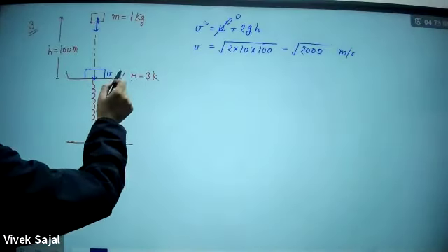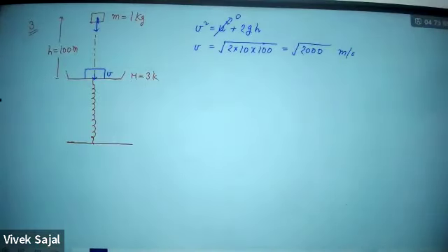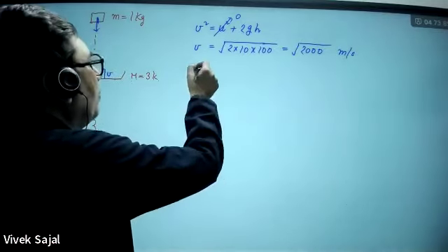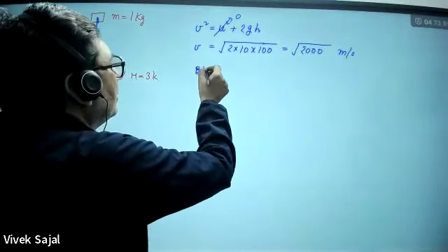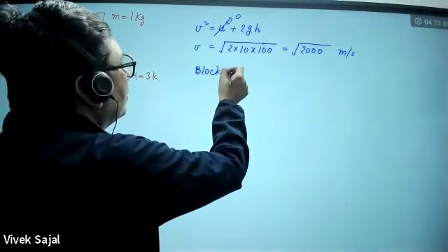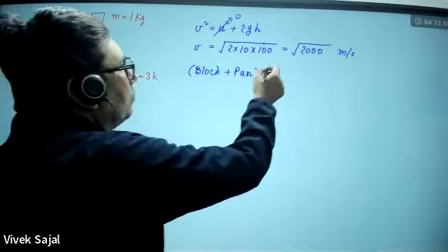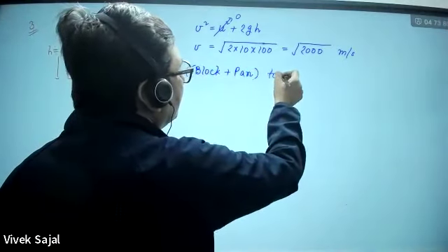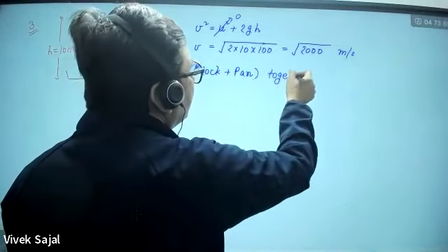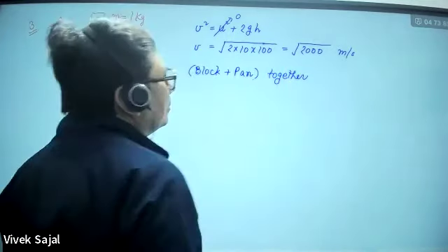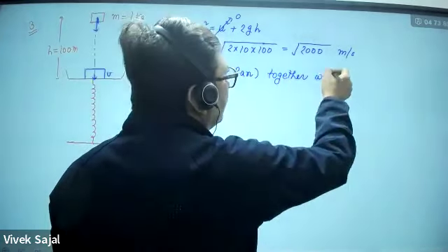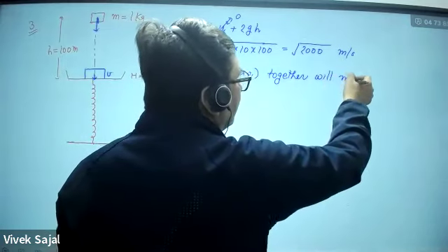Now what will happen? Block plus pan together will move in the downward direction.